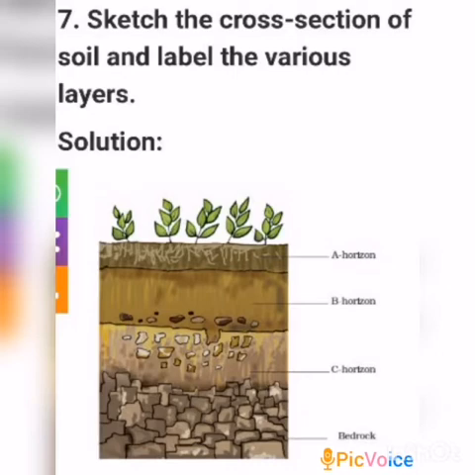You may also see your book, page number 98. Page number 98 contains the soil profile. You may draw from your book also. Draw it and label it. Okay, children.